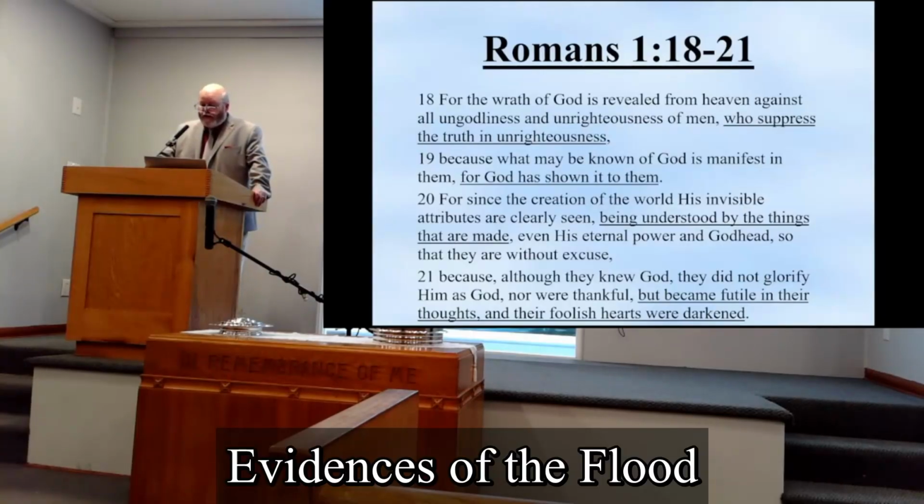For since the creation of the world, his invisible attributes are clearly seen, being understood by the things that are made, even his eternal power and Godhead, so that they are without excuse. Because although they know God, they did not glorify him as God, nor were thankful, but became futile in their thoughts, and their foolish hearts were darkened."